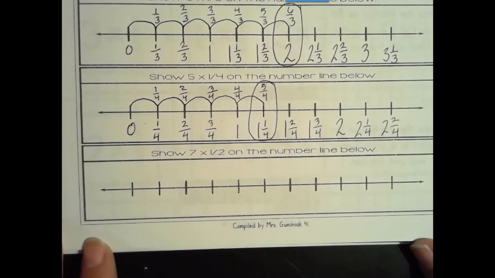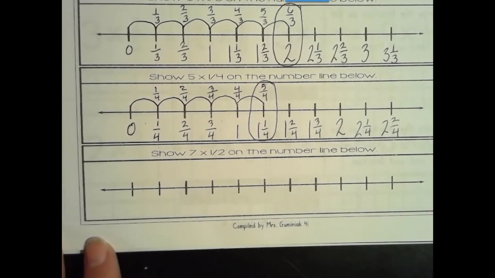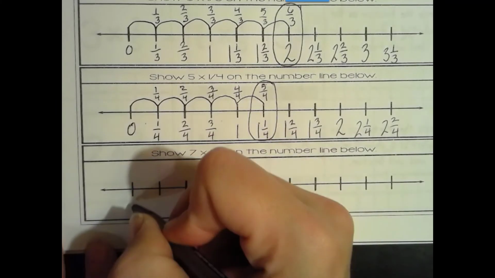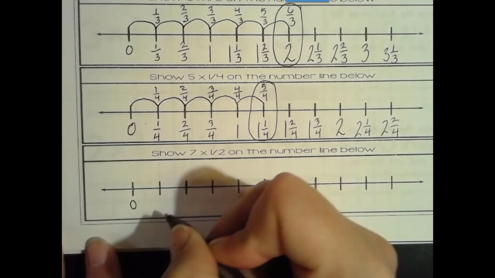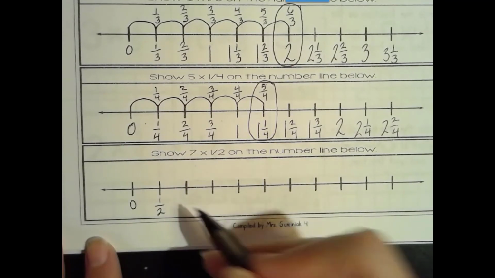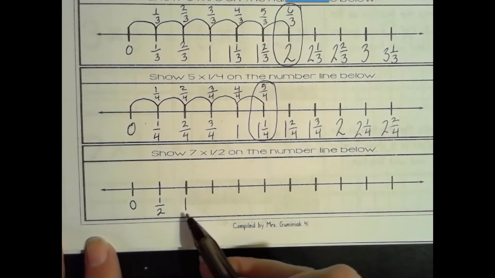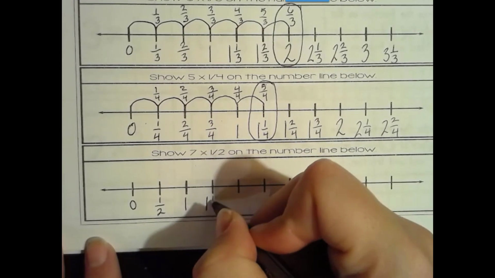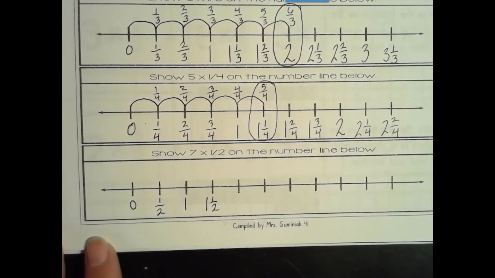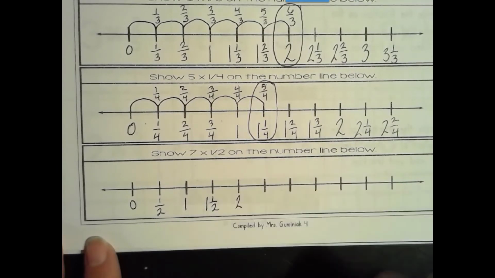Here it says show 7 1/2 on the number line below. So we're going to start at 0, and then 1/2, and then 2/2 would be 1. Then 1 1/2. 1 2/2 would be 2.